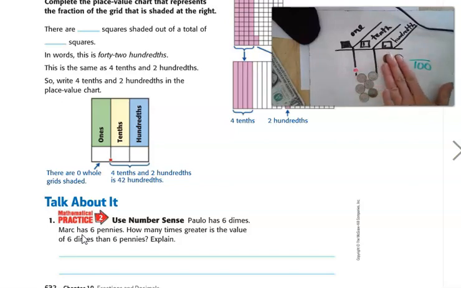So, how many times greater are these than these? If these are worth 1/100 and these are worth 1/10, you've got 6 hundredths and you've got 6 tenths. So how many pennies would I need to represent this? I would need 60 pennies to represent that.